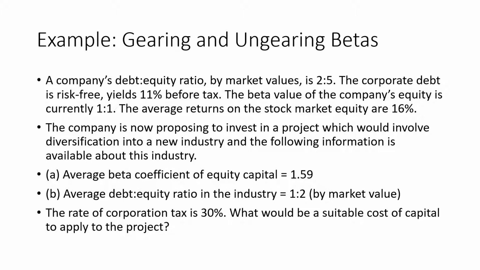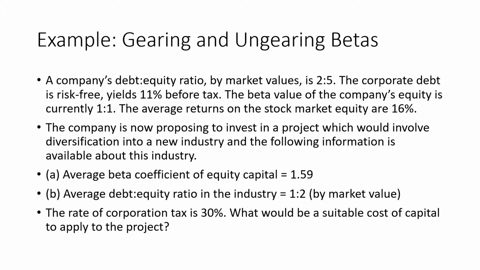The company is now proposing to invest in a project which would involve diversification into a new industry, and the following information is available about this industry. A. Average beta coefficient of equity capital equals 1.59.